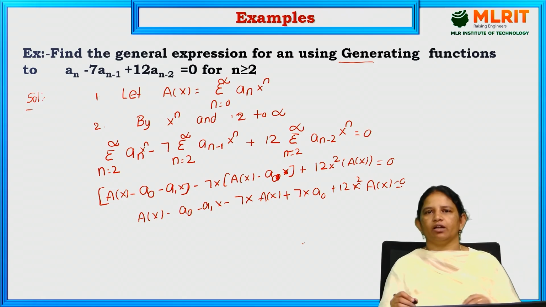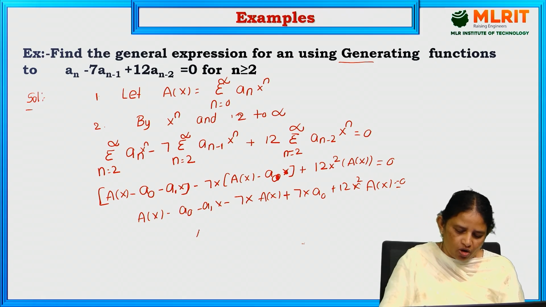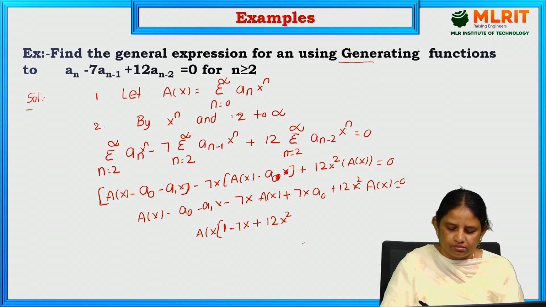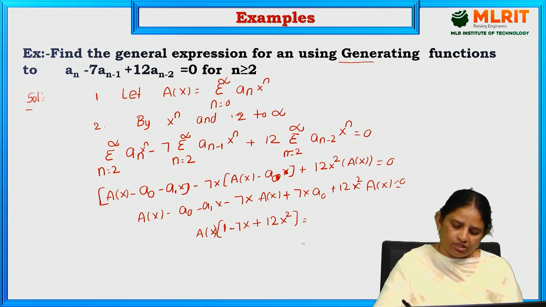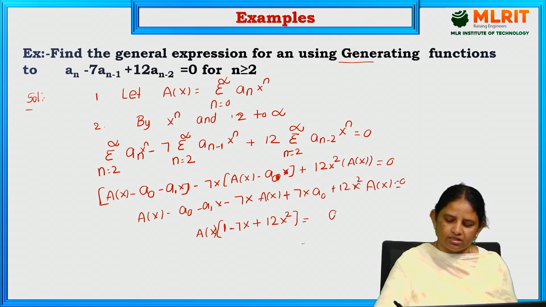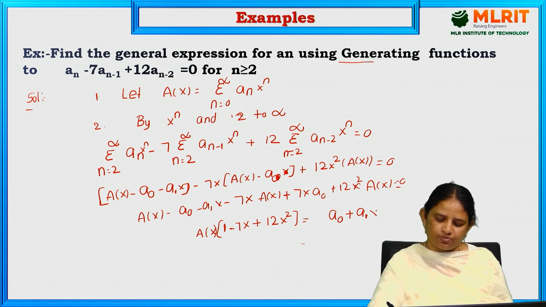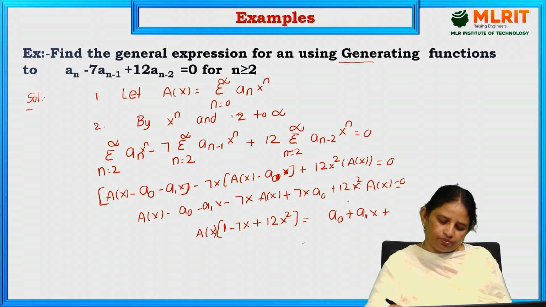Now we separate according to the fractions. Take a of x as common: a of x into 1 minus 7x plus 12x square equals, moving the other terms to the right side, a0 plus a1x minus 7x a0.